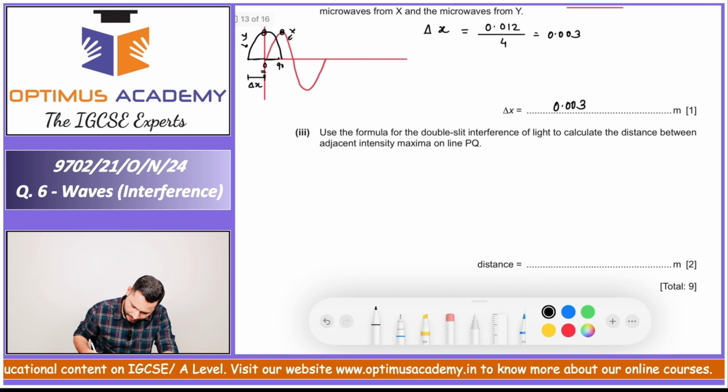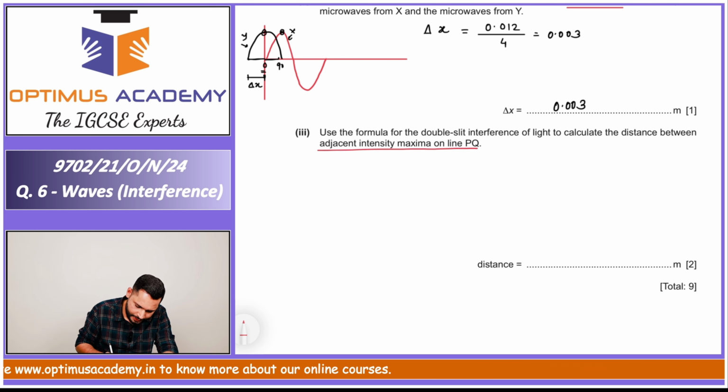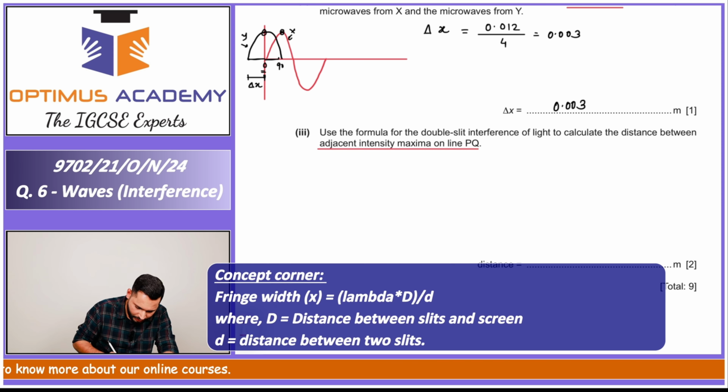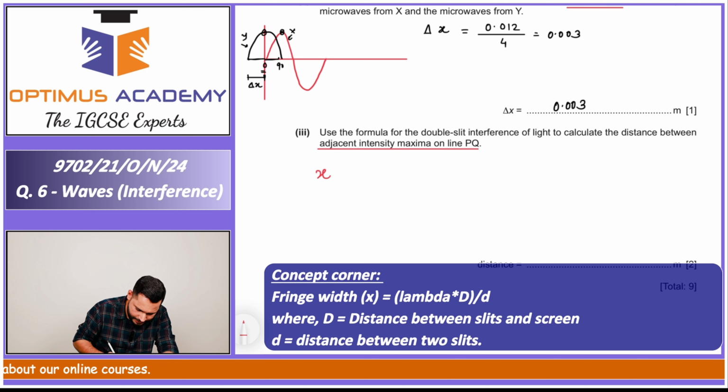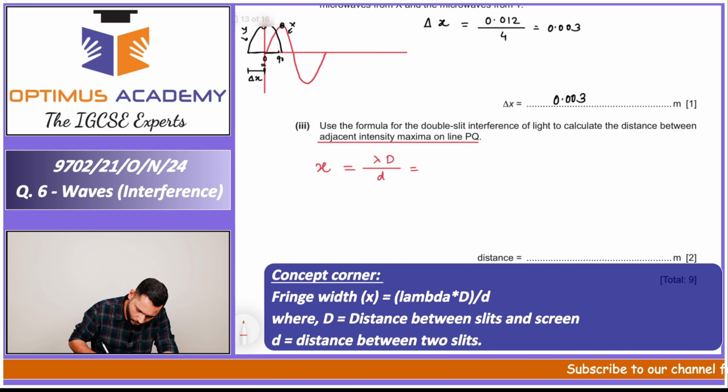Okay, next question. Use the formula for the double slit interference of the light to calculate the distance between the adjacent intensity maxima. So they are asking us to find out fringe width. The formula for fringe width is x equals lambda D upon d, where lambda is the wavelength, which is 0.012.